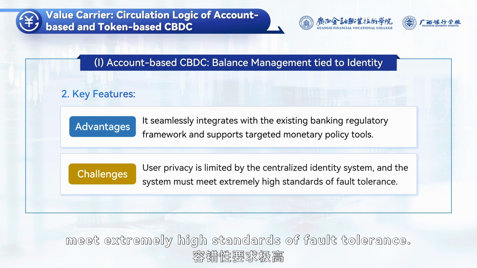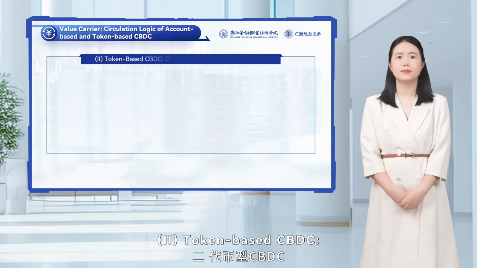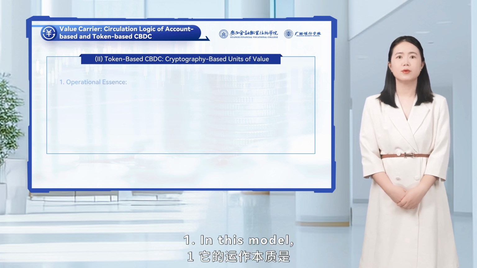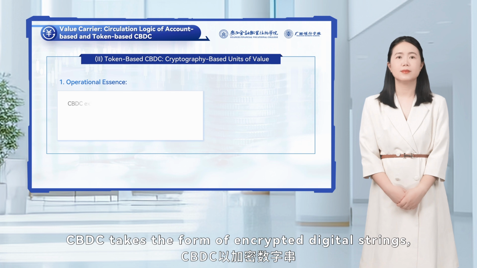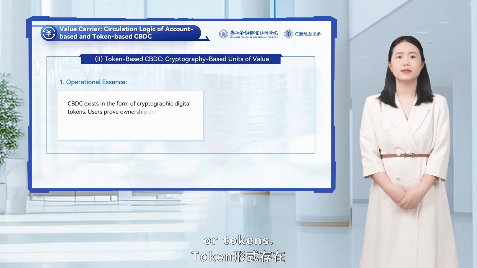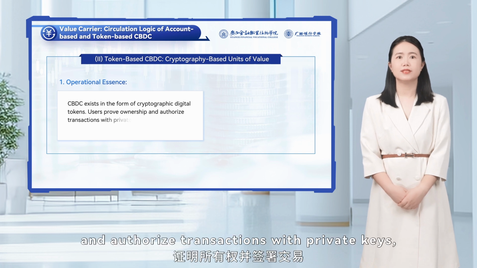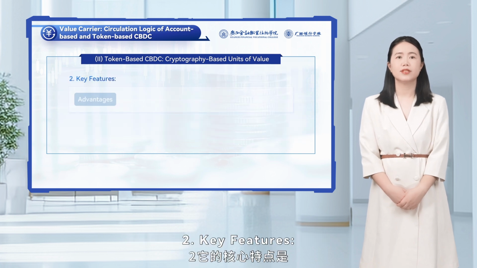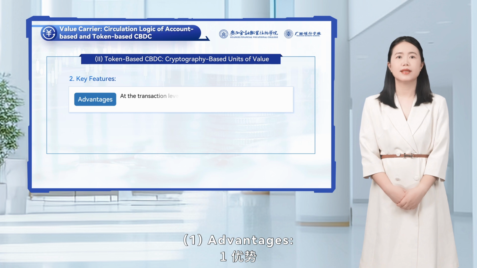2. Token-based CBDC, value units secured by cryptography. In this model, CBDC takes the form of encrypted digital strings, or tokens. Users prove ownership and authorize transactions with private keys, enabling peer-to-peer transfers. Two key features. 1. Advantages.